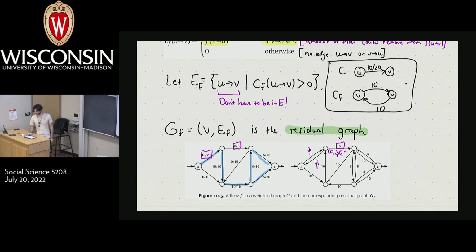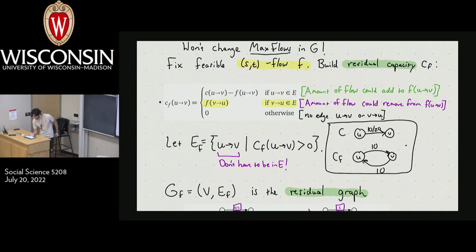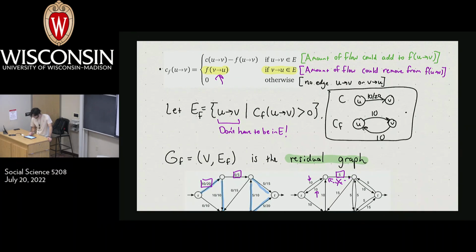So any questions on this residual graph? Yes? Is unused capacity what the backwards edges are? Backward edges are how much we can remove. So the backward edges are exactly how much is currently on that edge. Let me make this 5 out of 20.